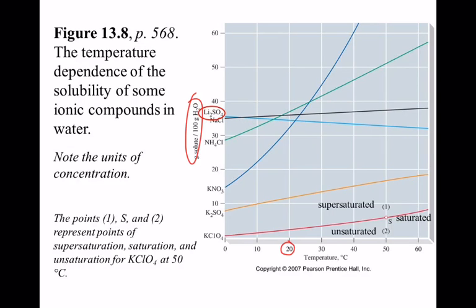I was looking at the dark blue one. I want to look at this one. So at 20, maybe 34, not bad. So 34 grams of lithium sulfate per 100 grams of H2O. That's weird because it's not molality, it's not molarity, it's just what we do solubility in. And I think the CRC goes with that sometimes too.